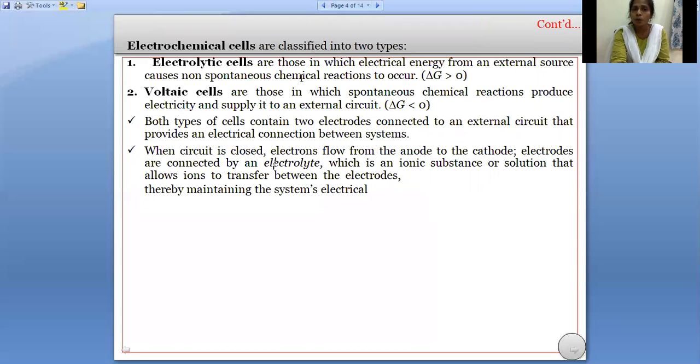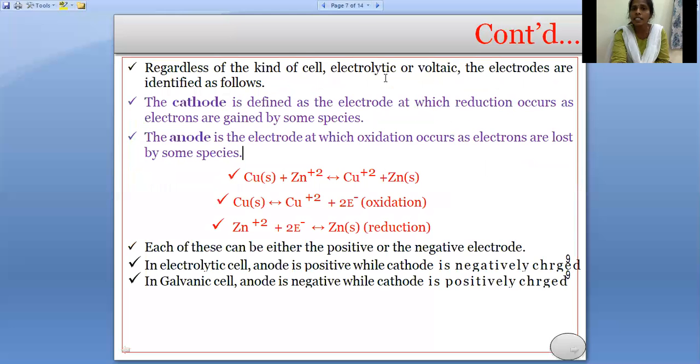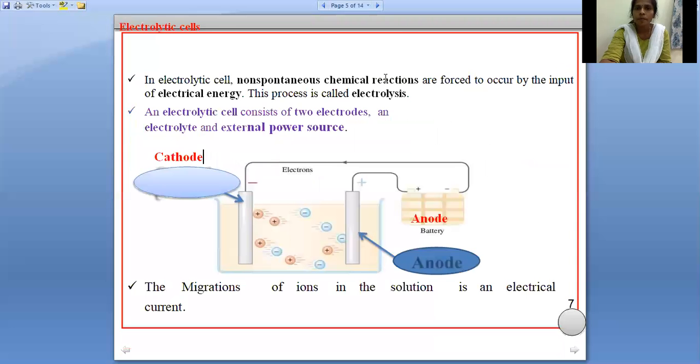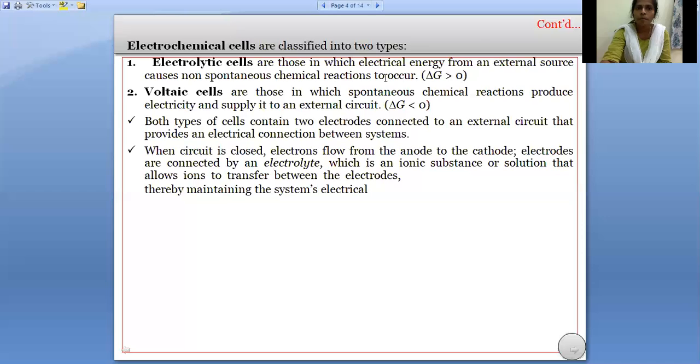Electrolytic cells are those in which electrical energy from an electrical source causes non-spontaneous chemical reactions to occur. That means electrical energy is consumed and it produces chemical reactions, which are non-spontaneous.